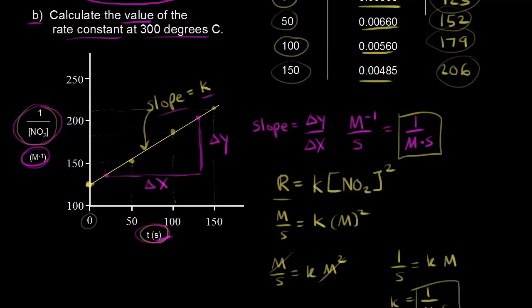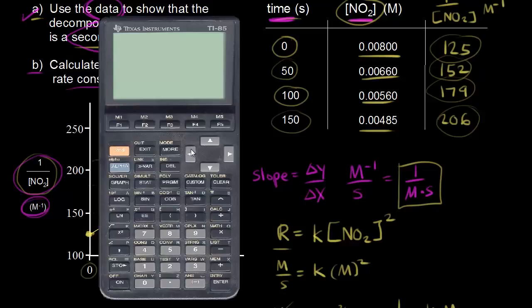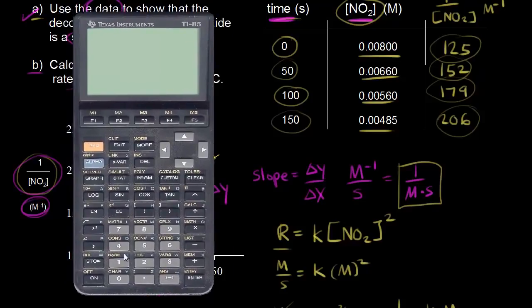We could find it out by looking at those 2 points that I marked on our graph, but to get an exact answer, let's use our calculator. So let's take out our calculator and let's plug everything in. Right, so let's go to Stat, and we'll go to Edit here, and we'll go ahead and plug in our points.